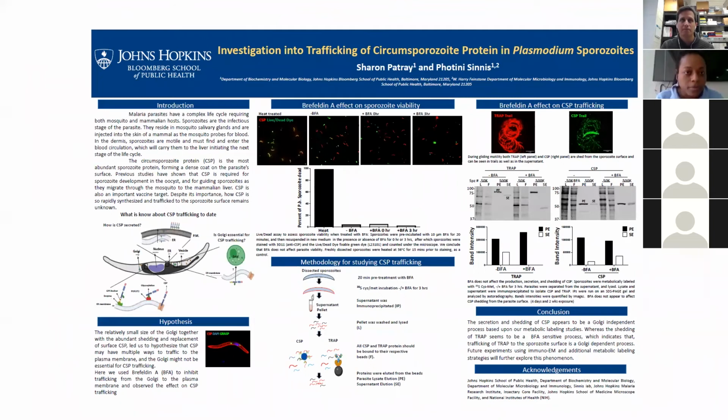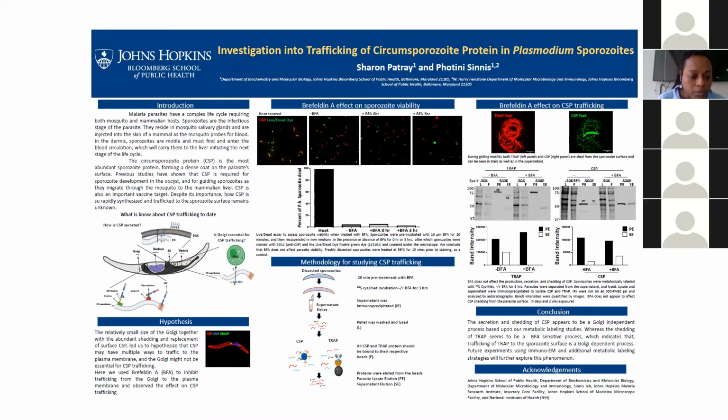Hi, I'm Sharon. I'm a PhD student from the CNS lab, and I'll be presenting my work on the investigation I did into CSP trafficking. CSP, the circumsporozoite protein, can be seen coating the surface of the sporozoite stage of the parasite very densely.